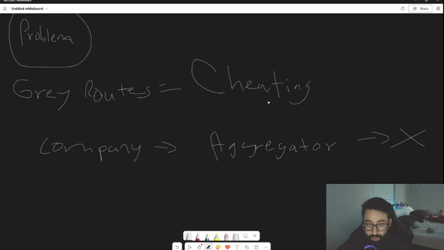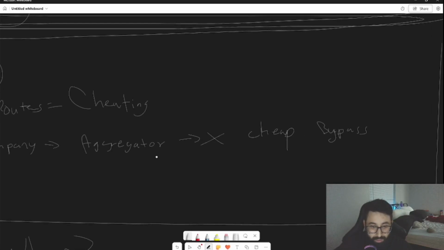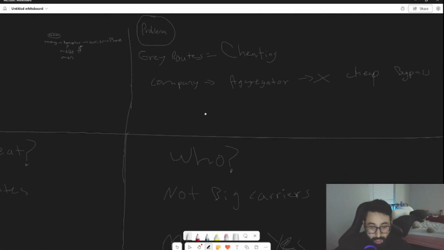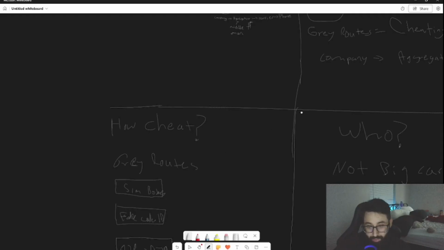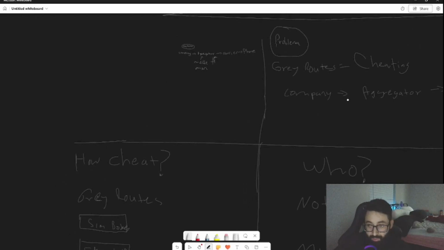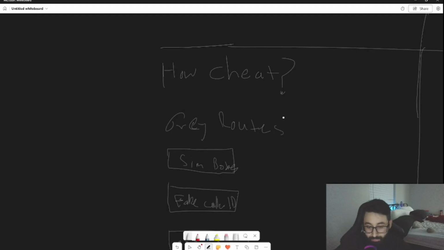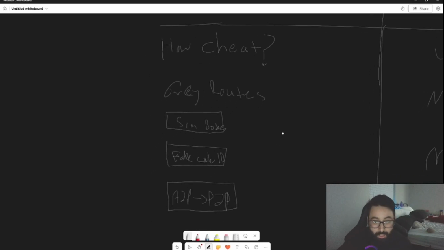That's basically what they do. So the company pays the aggregator, and the aggregator cheats the system. And the problem with that is companies are spending a lot of money for this type of thing.